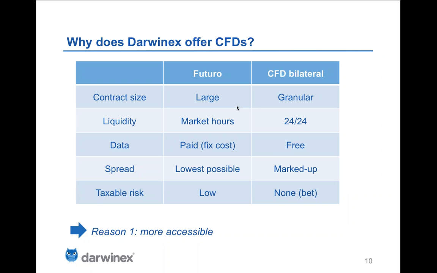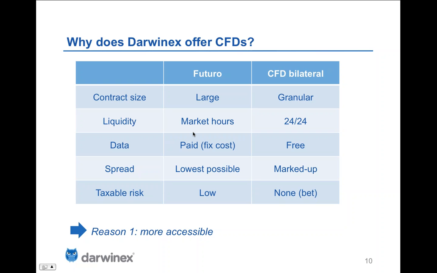Second is liquidity. The futures obviously trade for the opening hours of the organized exchange. The CFDs, I agree, have low liquidity, but still allow you to have 24-hour liquidity in many assets, and that is a benefit if you're not moving large positions. Thirdly, the cost of data.